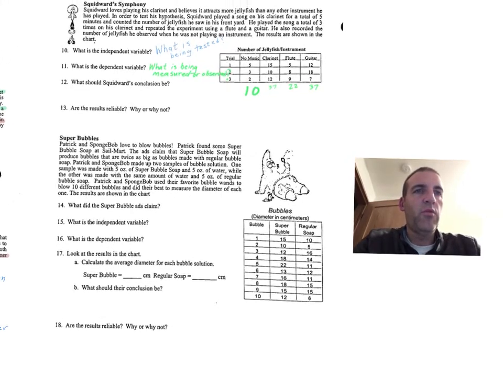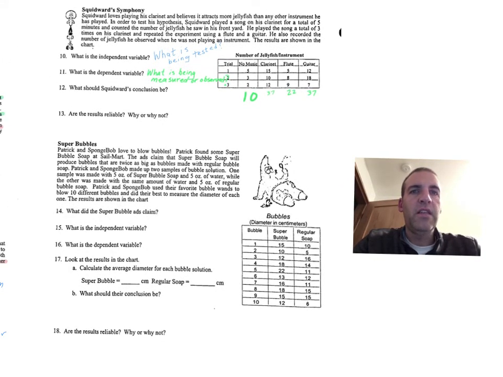One sample was made with 5 ounces of super bubble soap and 5 ounces water, while the other was made with the same amount of water and 5 ounces of regular bubble soap. Patrick and SpongeBob used their favorite bubble wands to blow up 10 different bubbles, and they did their best to measure the diameter of each one. The results are shown in the chart.